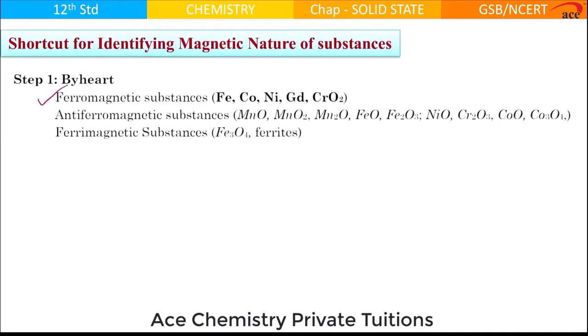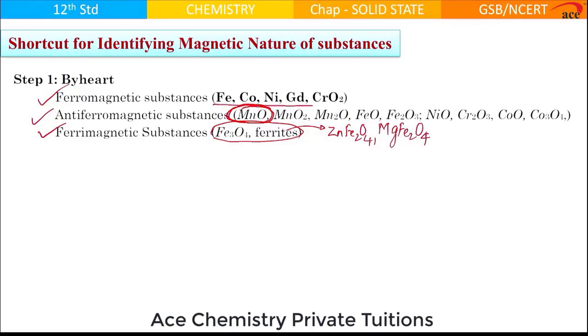Learn by heart the ferromagnetic substances, and by heart the anti-ferromagnetic substance of the syllabus. Only one example is there, MnO. By heart the ferrimagnetic substances of our syllabus, Fe3O4, and remember ferrites, ZnFe2O4, MgFe2O4, these are examples of ferrimagnetic substances.